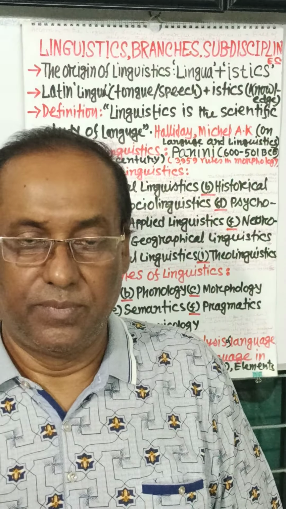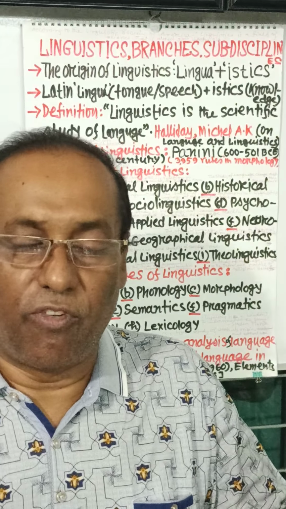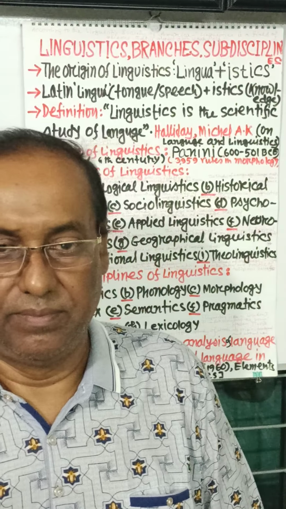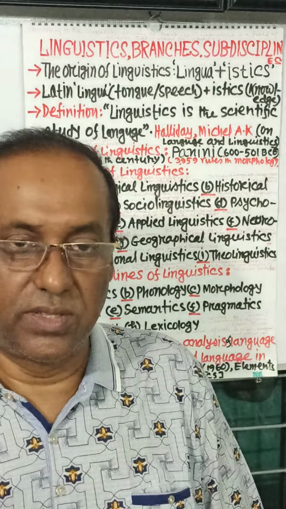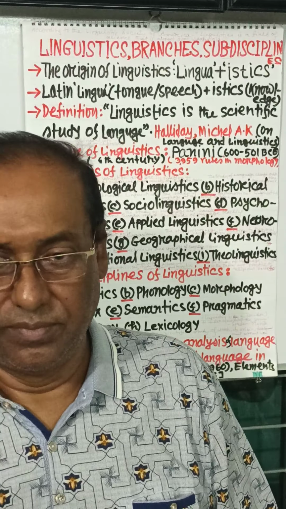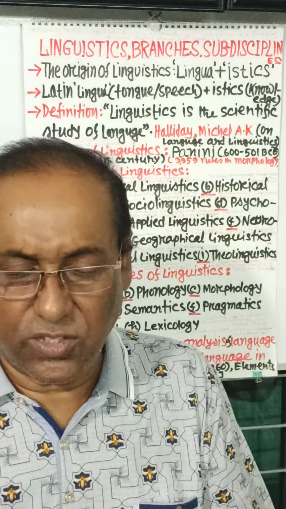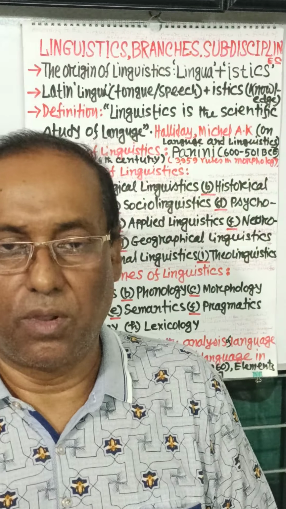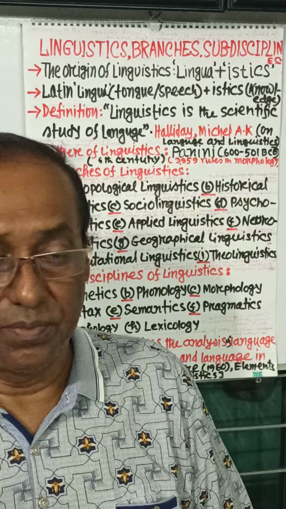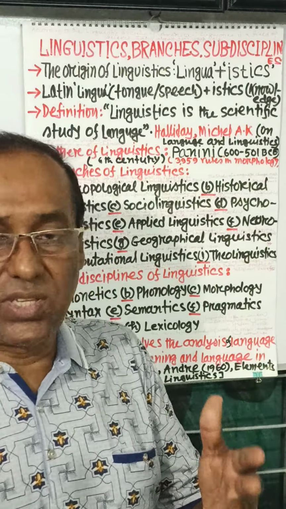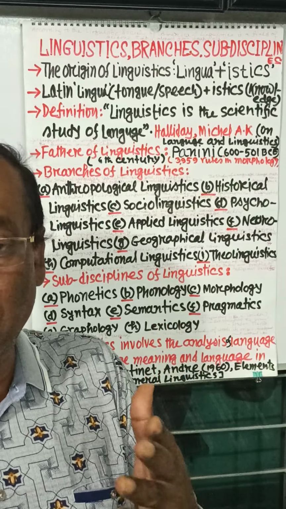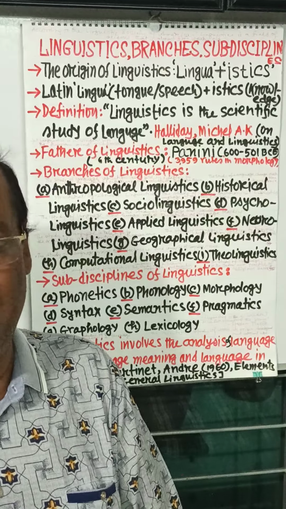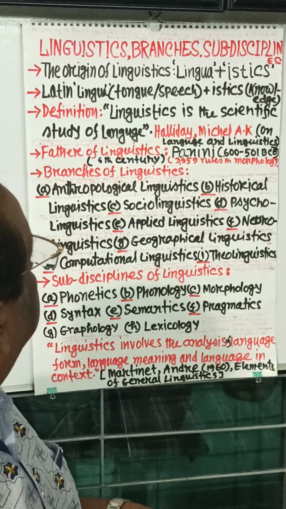Panini is called the father of linguistics. Panini wrote his Ashtadhyayi, and this is called the first scientific book on linguistics. During the 6th century BCE, the Indian grammar flourished.